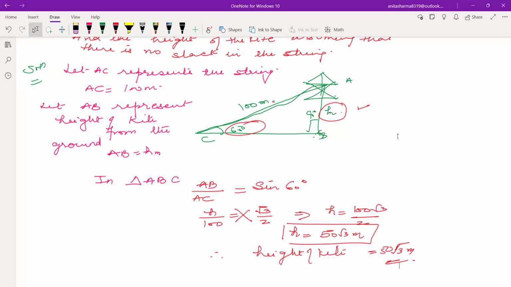Now what is AB written again? AB represents the height of the kite from the ground. Done, ma'am. Okay, beta. Ma'am, 1 minute.